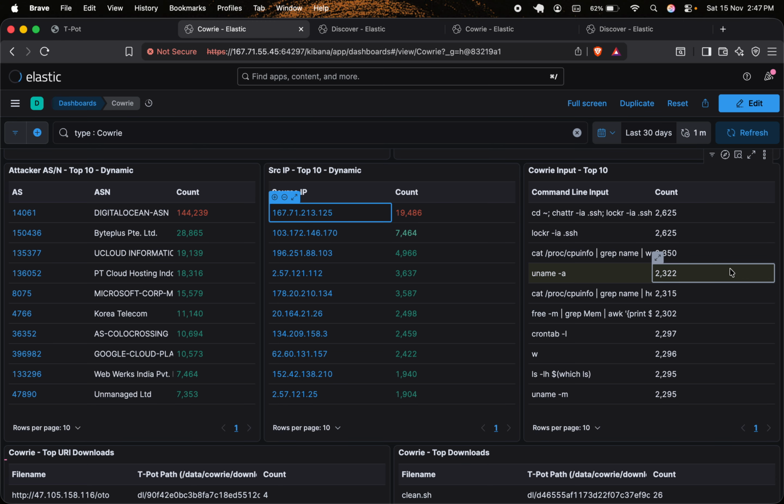Just to wrap this up, I have to say the Cowrie container is important because it appears as a login shell to the attacker, and the work of this container is actually to capture the attacks related to SSH.